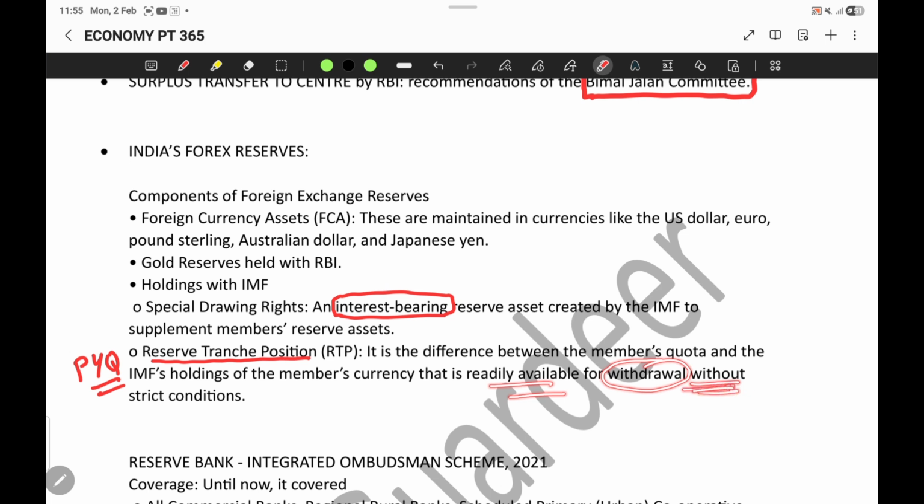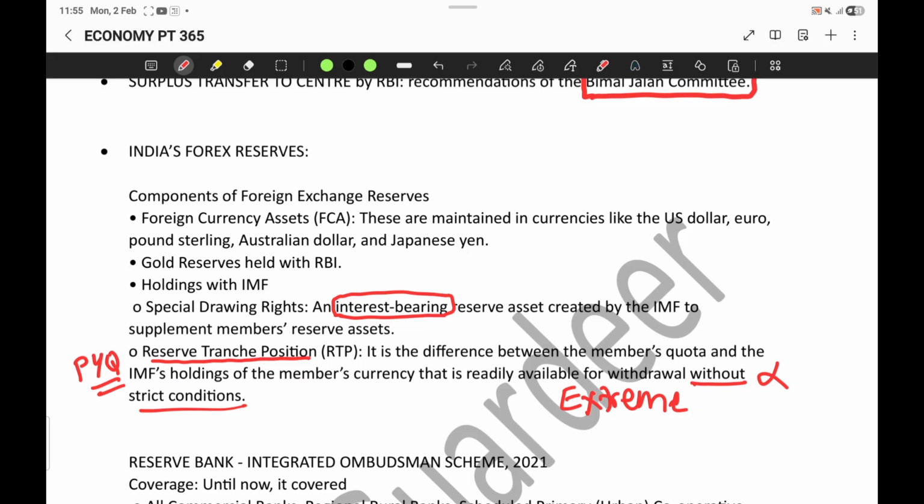Focus on this: without any strict conditions. Whenever we see extreme statements in UPSC, like without any strict conditions, we tend to see these questions as wrong. But not every extreme statement is wrong, and not every normal statement is right.